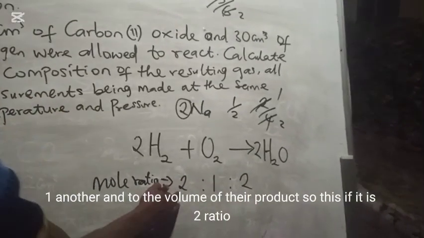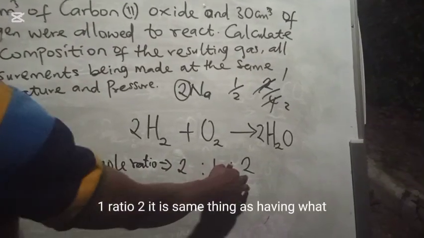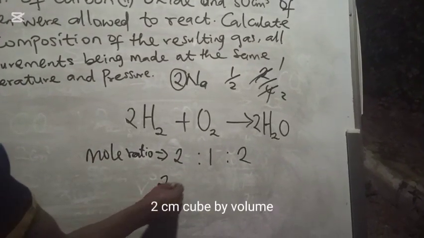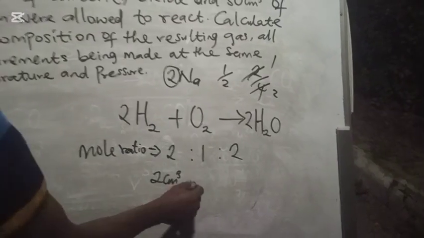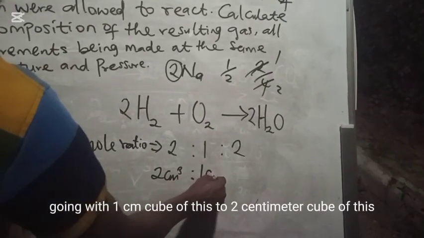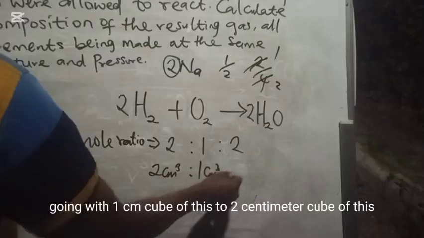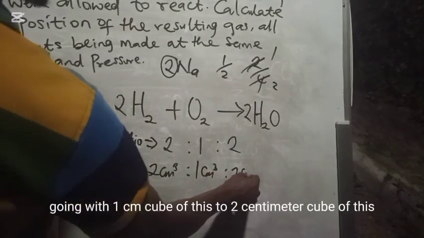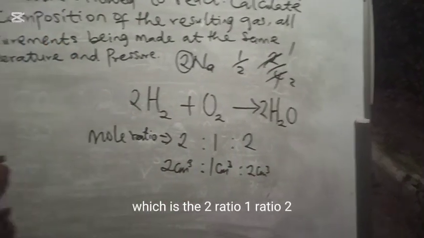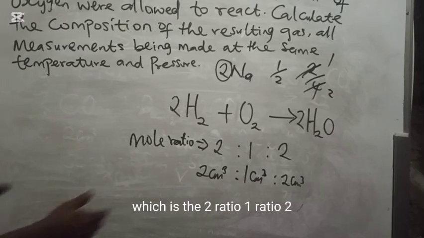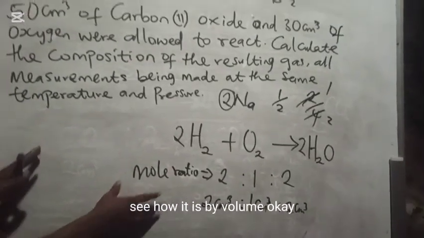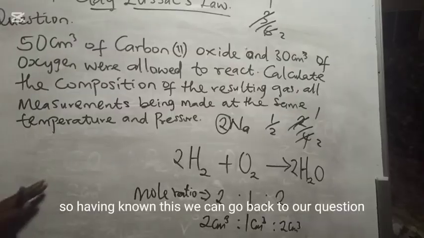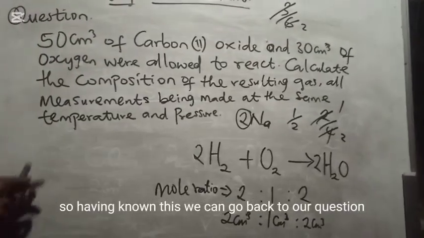So if this is 2:1:2, it is something like having 2 centimeter cube by volume going with 1 centimeter cube of this to 2 centimeter cube of this, which is 2:1:2. See how it is by volume. So having known this, we can go back to our question.